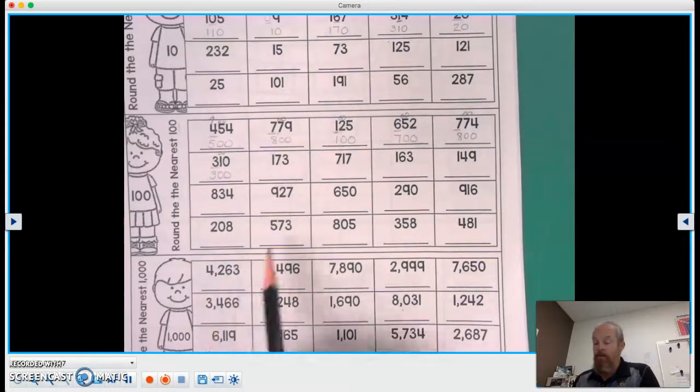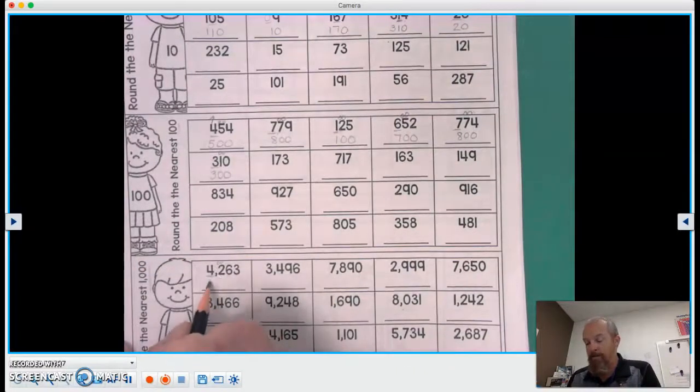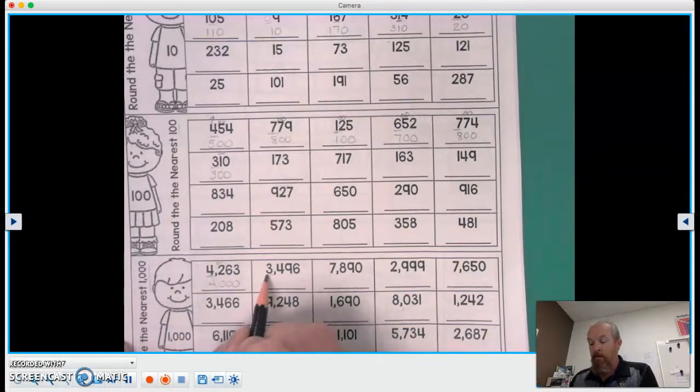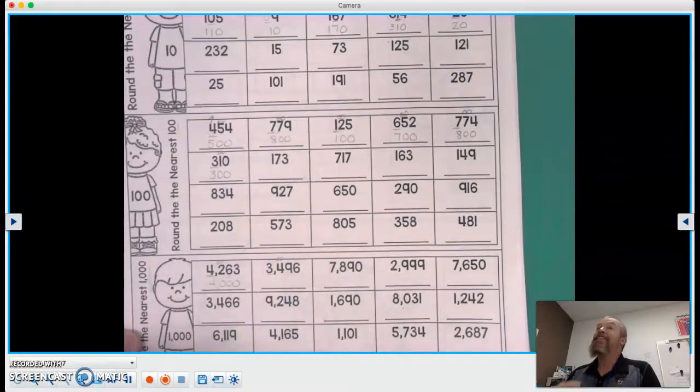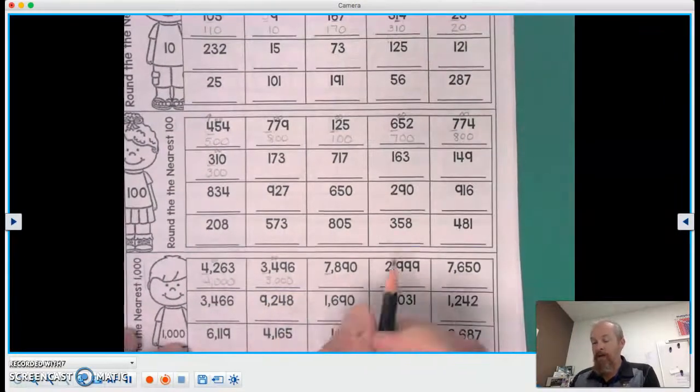Now let's look down here at the thousands column. Locate the thousands column. Look next door. 4 or less, let it rest. Locate. Look next door. 4 or less, let it rest. Locate the column, thousands.